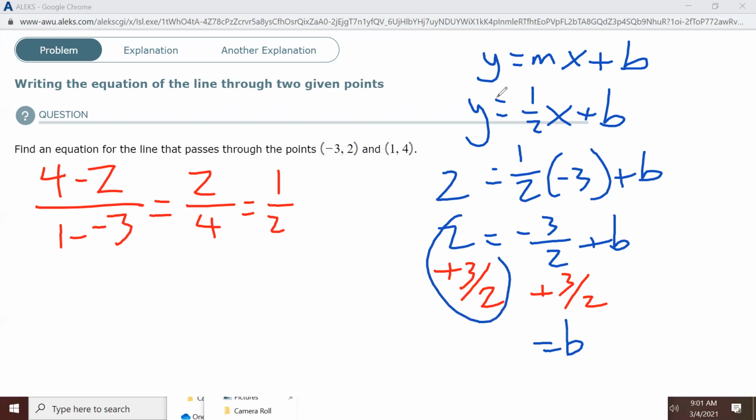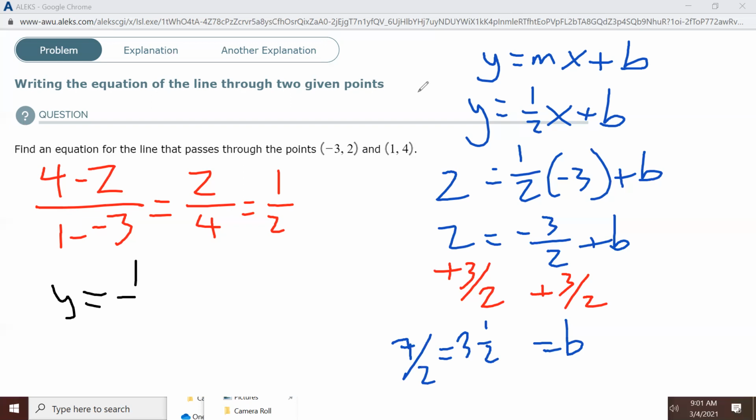And 2 plus 1/2 is 3/2, or 7/2. So the equation of the line would be y equals the slope times x plus the y-intercept.